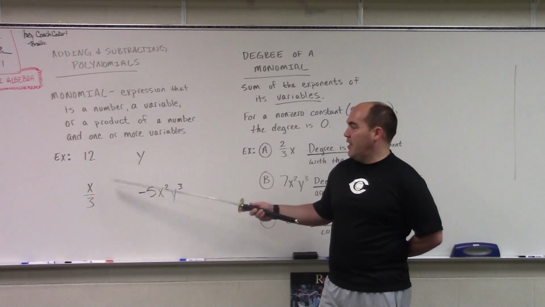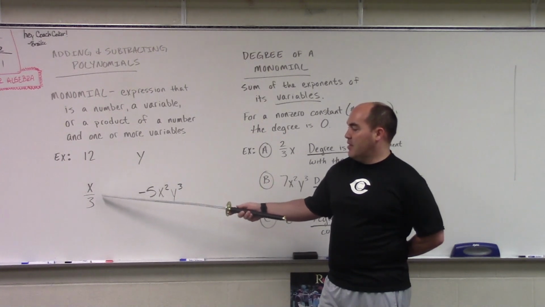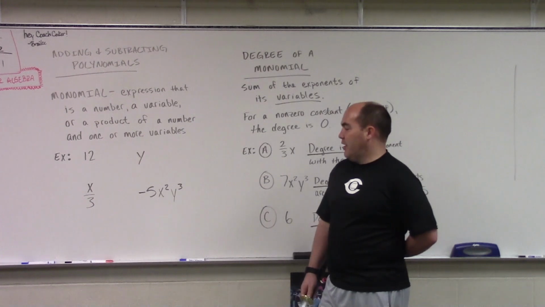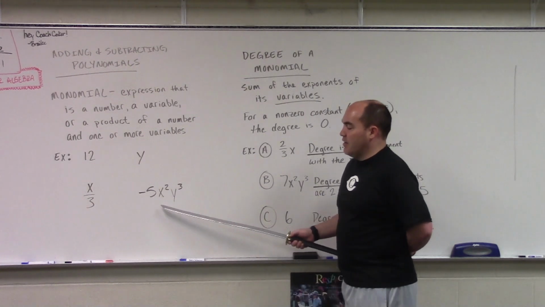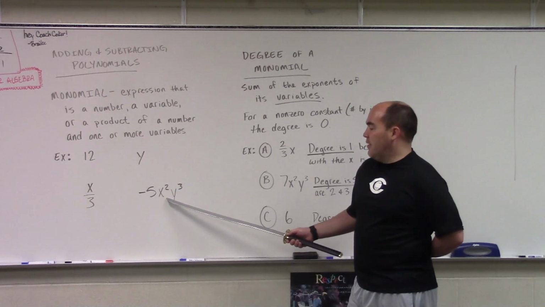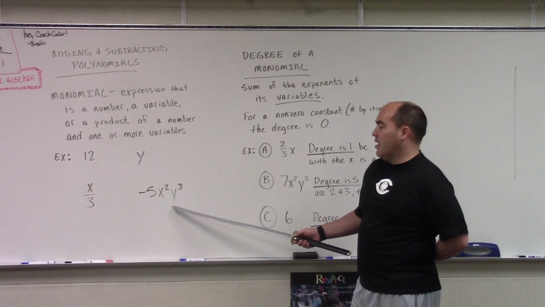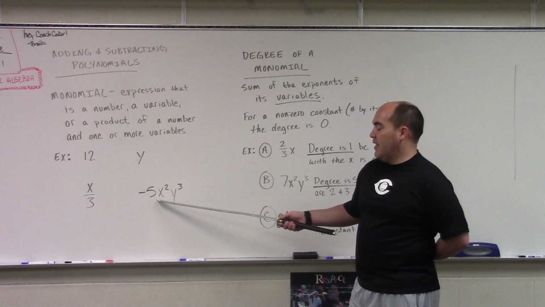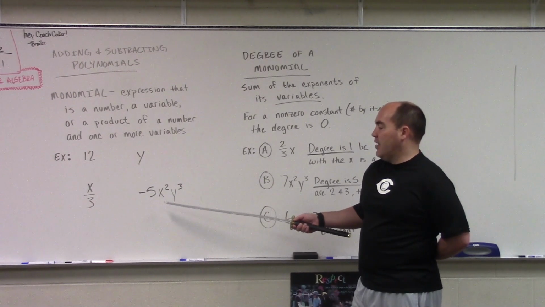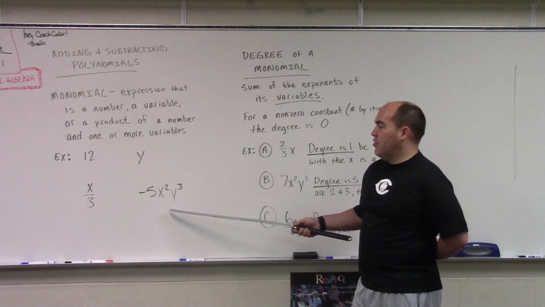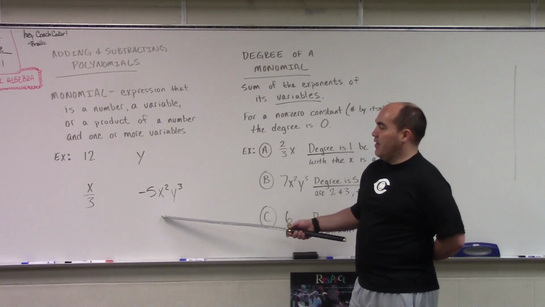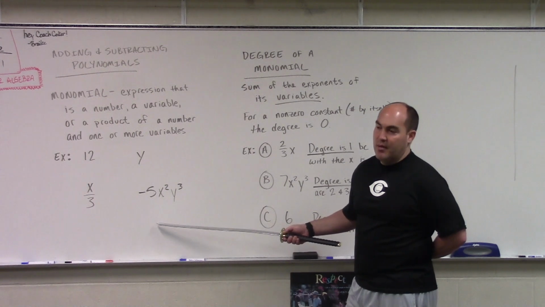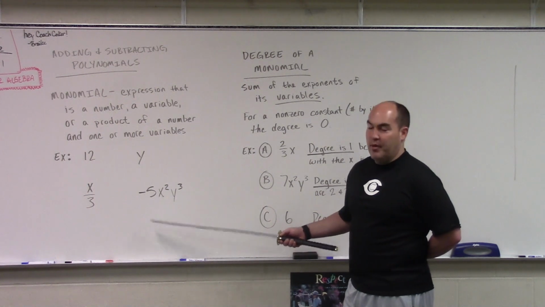That's why we just say a product, because it's the same thing as x times 1/3. And then you've got this other example, negative 5 times x squared times y cubed. So you've got a negative number times an x that is squared and times a y that is cubed. All of those are together, so that's one term. Anytime you just have one term, that is a monomial.